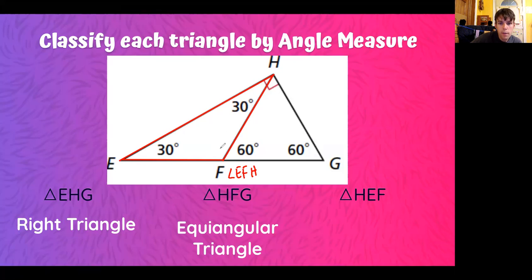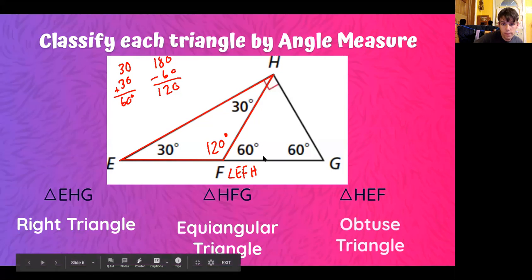But anyway, we know two of them, so that's 30 degrees and 30 degrees. So that is 60 degrees of a total of 180 we need here. So if we do 180 minus 60, that should give us what's left, which is 120 degrees. So that makes this one an obtuse triangle because we have an obtuse angle, right? Yep, obtuse triangle.